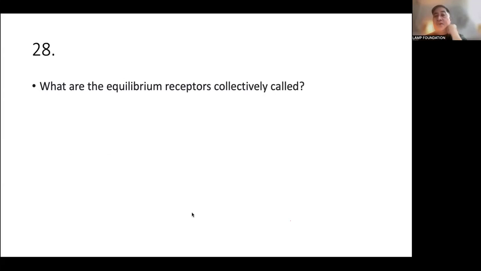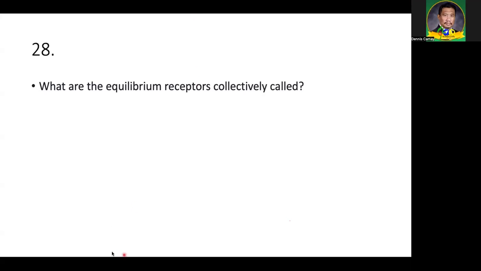What are the equilibrium receptors collectively called? The vestibular apparatus, responsible for two parts: static, the position of the head in space when the body is stationary, and dynamic, the response to rotary and angular movement of the head when the body is moving.